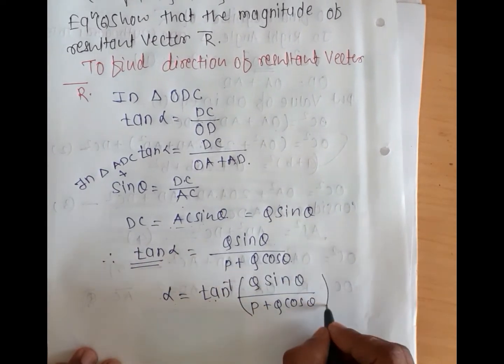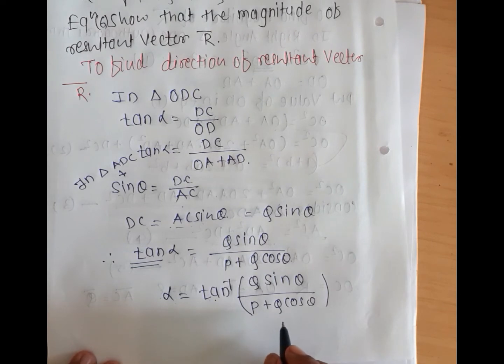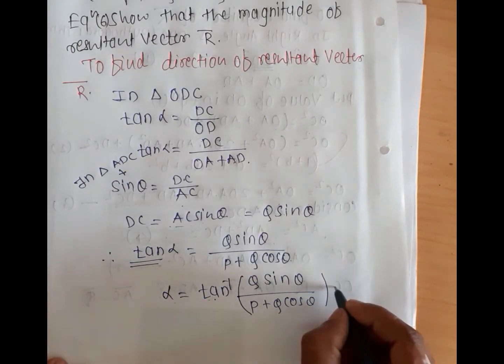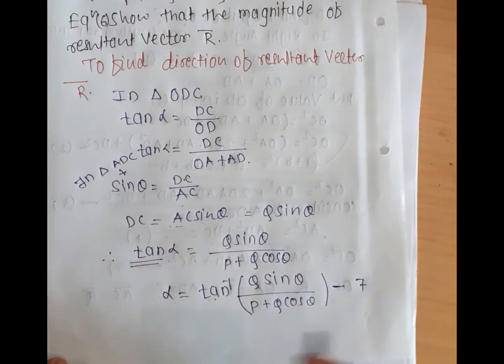Then we similarly find the value of beta. This equation gives the direction of the resultant vector R bar. This is equation number 7.